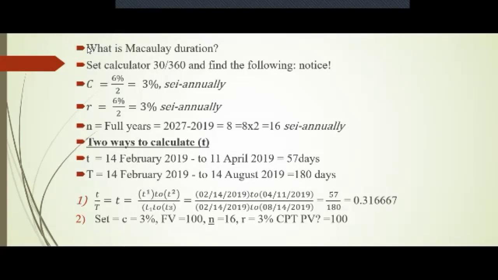Why? Because it's semi-annual, so we divide it by 2. R is 6. Also, we should divide it by 2 in order to get semi-annual.